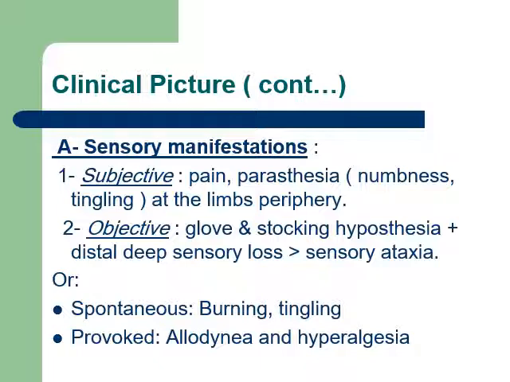The symptoms can be spontaneous and the patient complains of them, or provoked after pressure, for example, after non-painful stimulus or painful stimulus. The non-painful stimulus produces pain, it's called allodynia, or the painful stimulus produces more pain, which is called hyperalgesia.